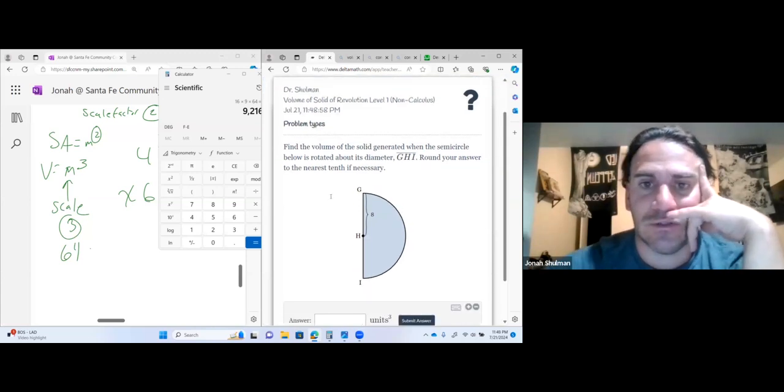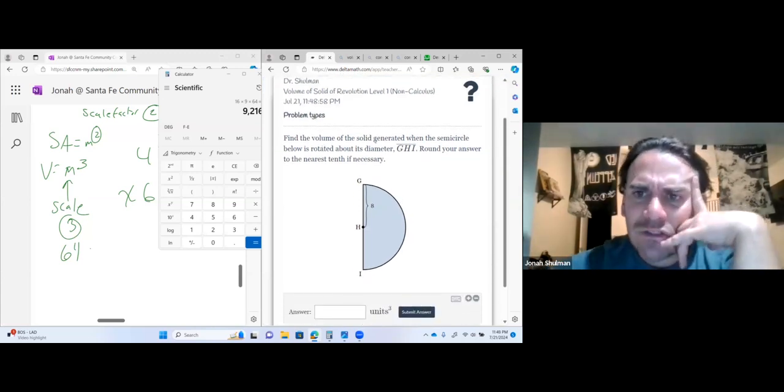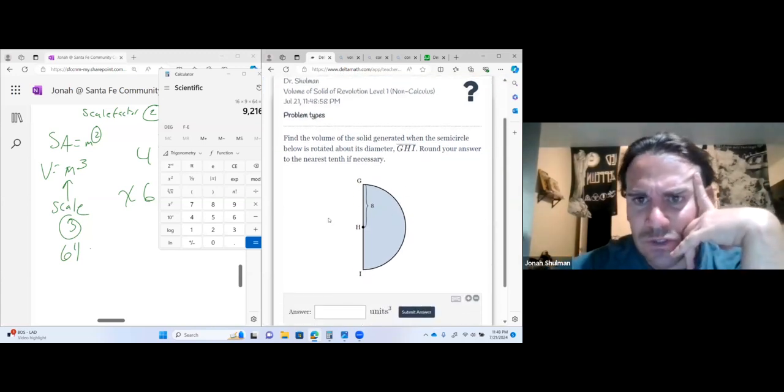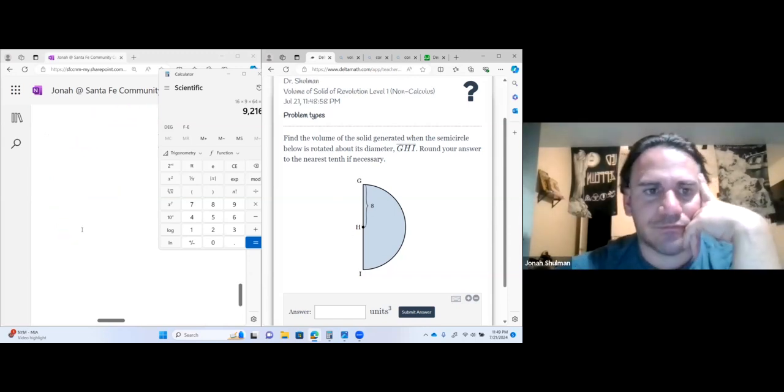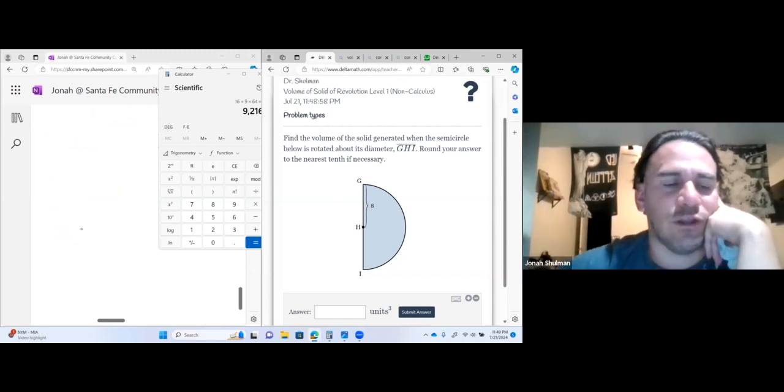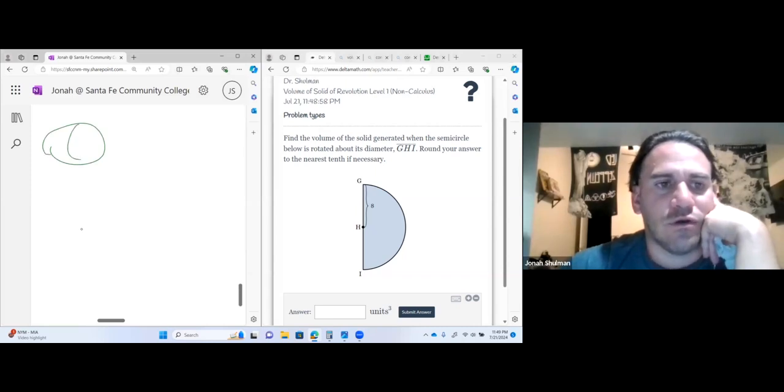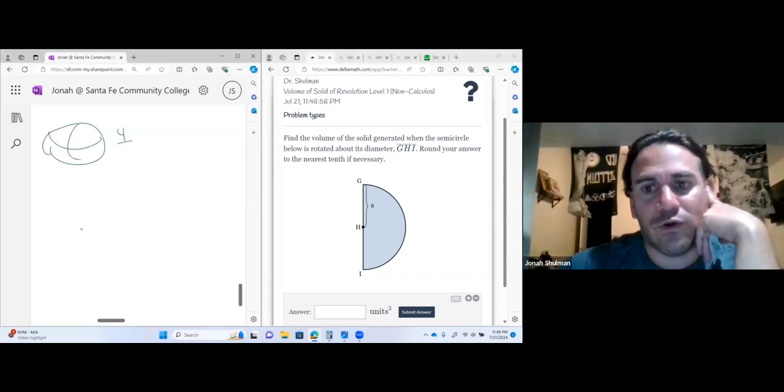Revolution, not calculus. Find the volume of the solid generated by the semicircle spun around its diameter. So this makes a what? You have to know that if we spin this around, we're going to have a sphere. So it's 4/3 pi r cubed.